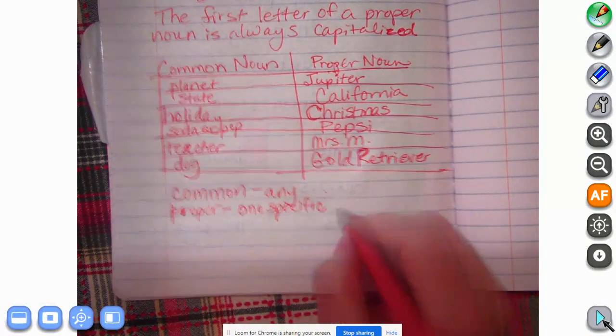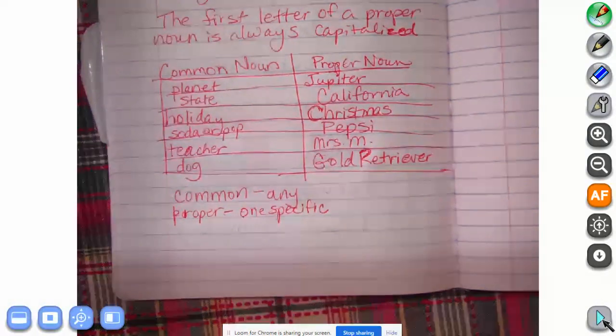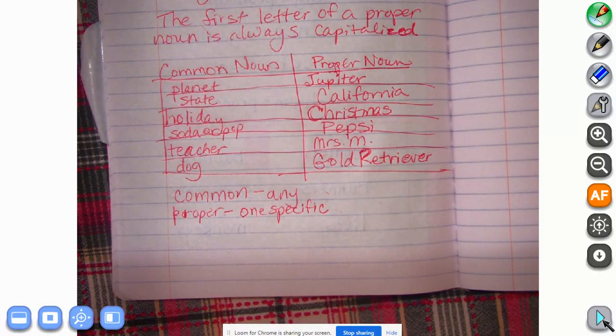Okay, so they're both people, places, or things. One is just any of them, and the proper is specific ones. So like your name, or business names, or days of the week, or months of the year. Those are a specific name for those times.